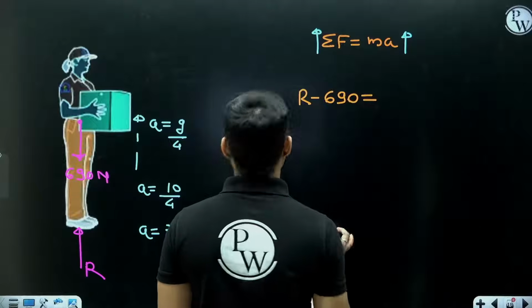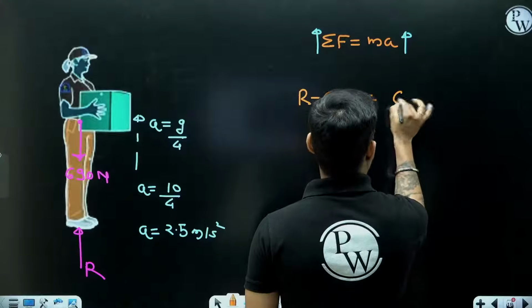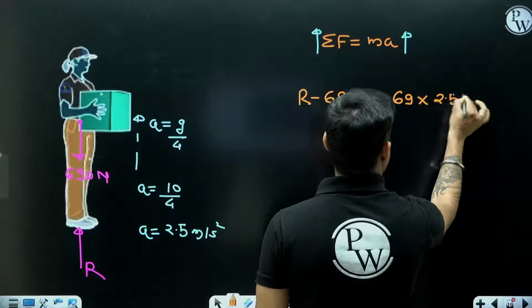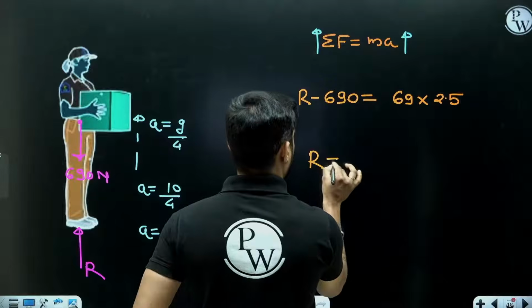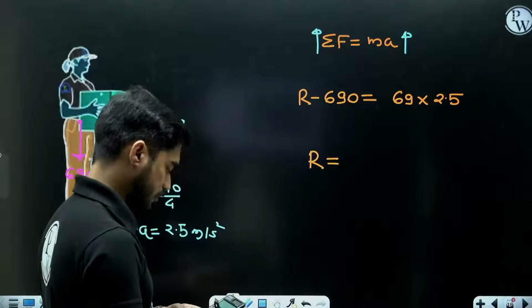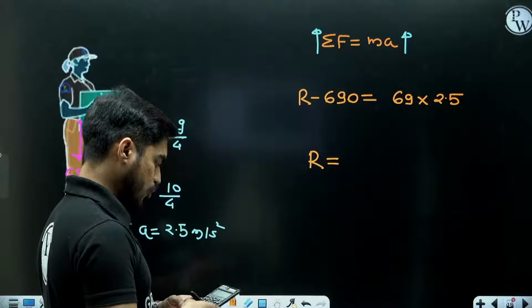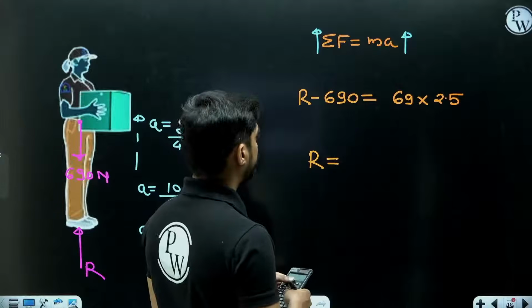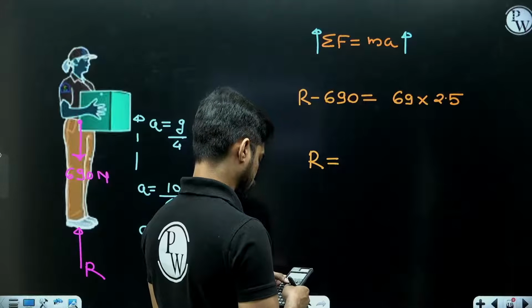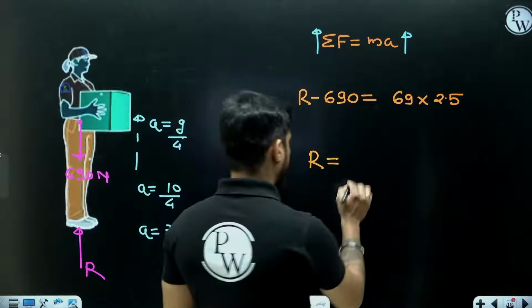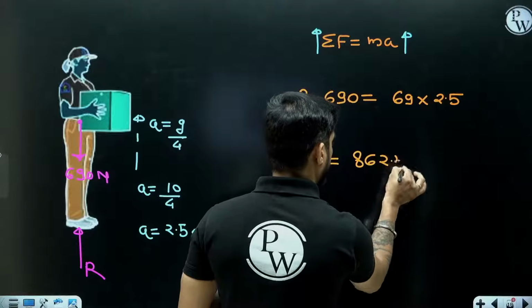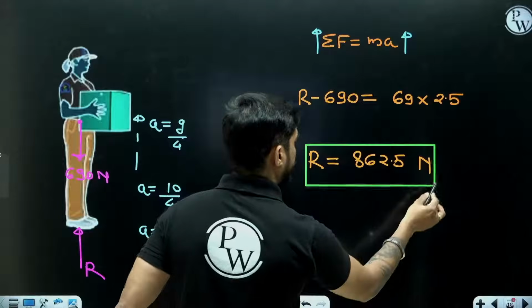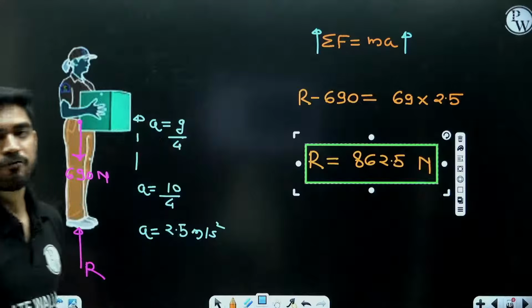Okay. m will be 69. Acceleration is 2.5. So from here you will get the value of R. 69 into 2.5 plus 690. You are getting 862.5 Newton. So this is the force acting between the woman and the floor.